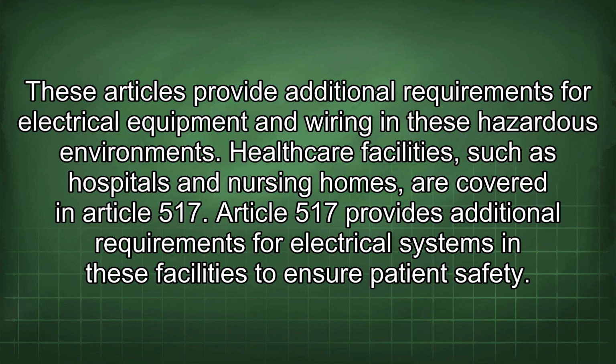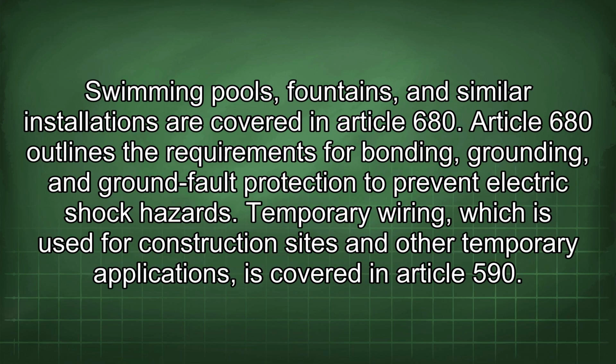Article 517 provides additional requirements for electrical systems in these facilities to ensure patient safety. Swimming pools, fountains, and similar installations are covered in Article 680. Article 680 outlines the requirements for bonding, grounding, and ground fault protection to prevent electric shock hazards.